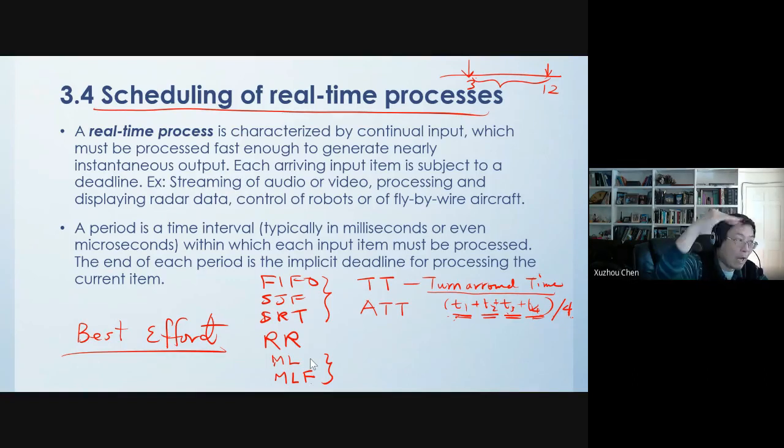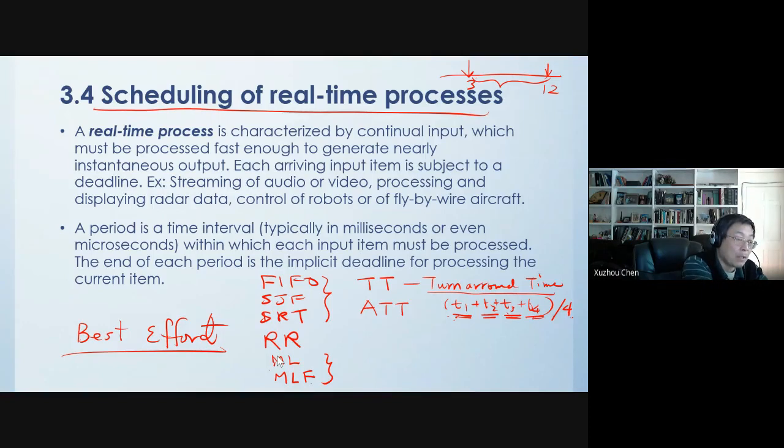The highest priority queue should have a small time quantum, the next level normally doubles the time quantum, and the next level doubles it again. For the multi-level queue, each process has a priority. The highest priority process is allocated to the highest level queue, and the next level of process is allocated to the next level of queue.